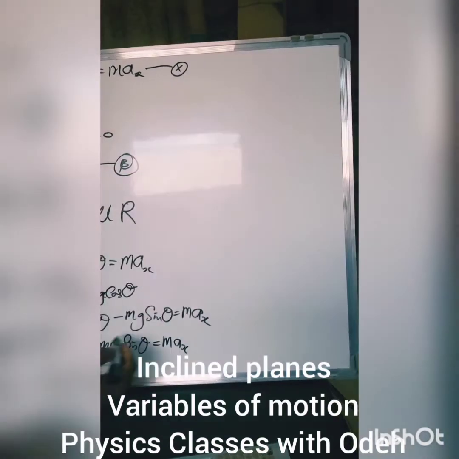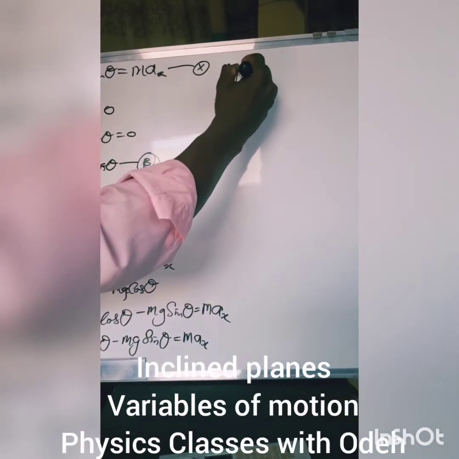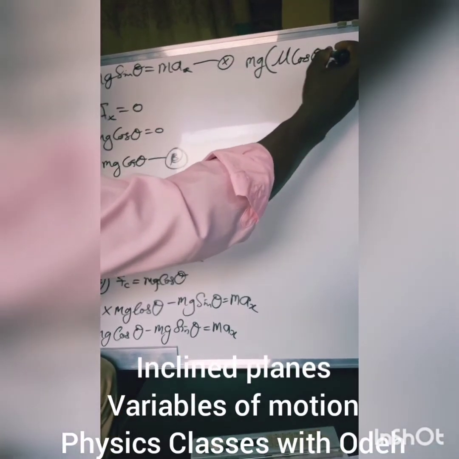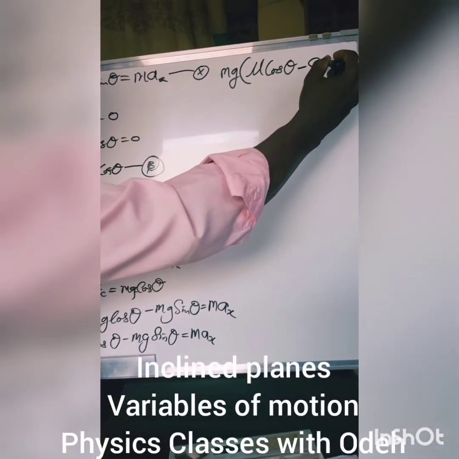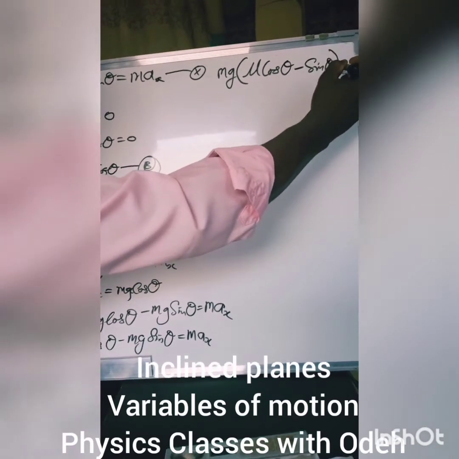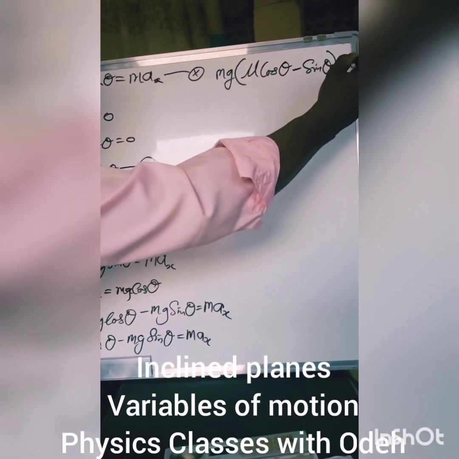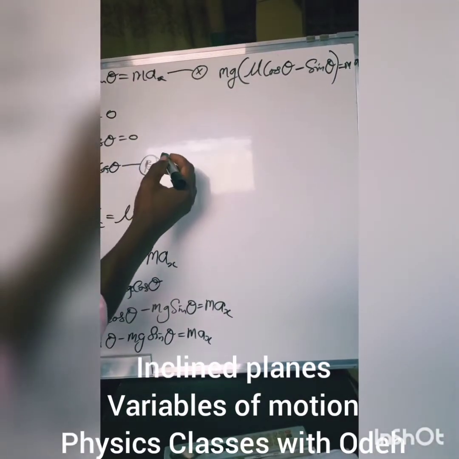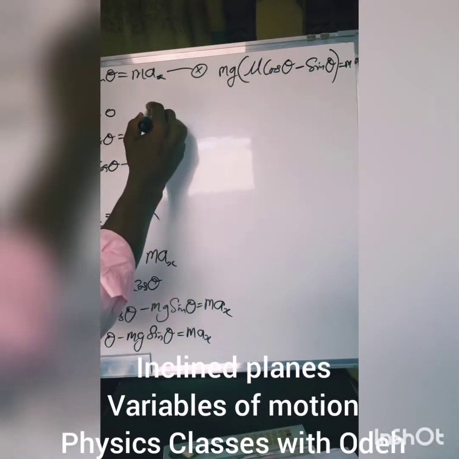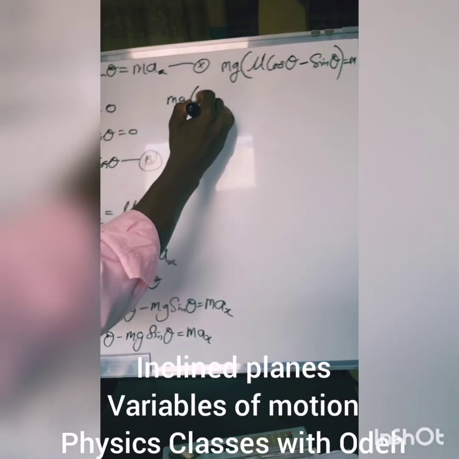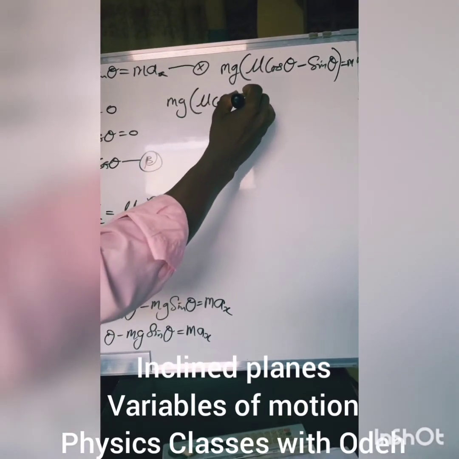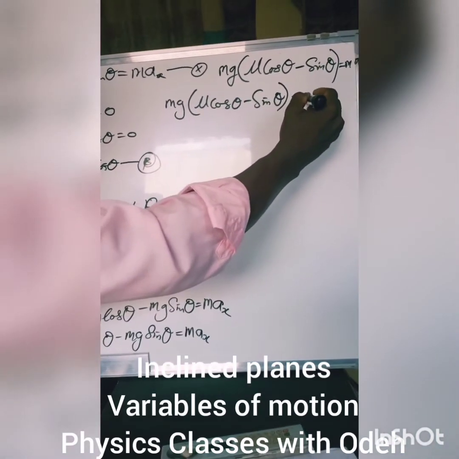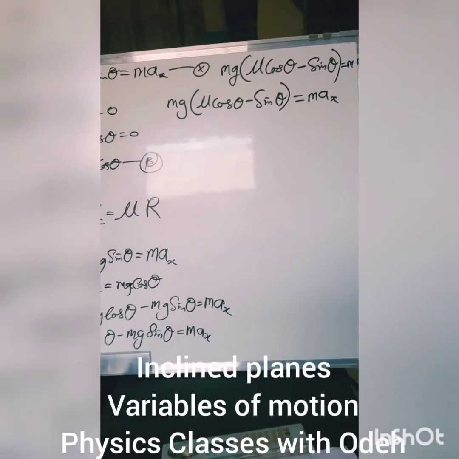If we factor out mg, we're going to have mg into the bracket of mu cos theta minus sine theta all equal to max.